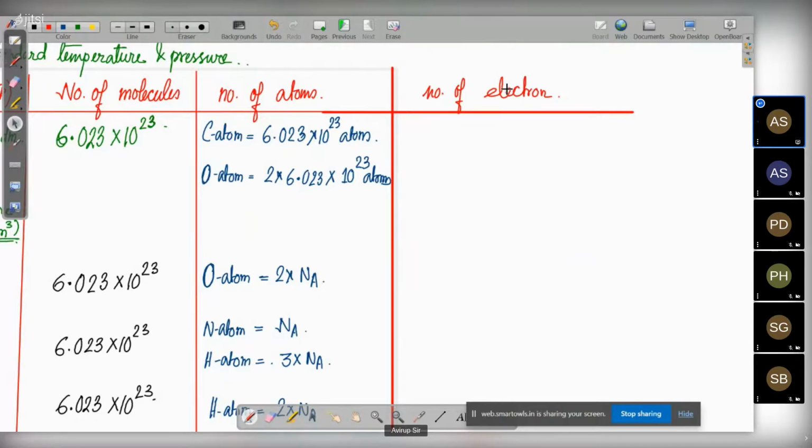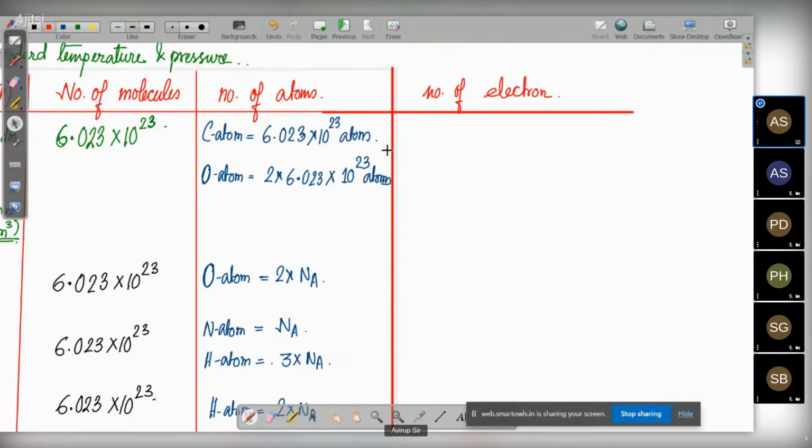Carbon has 6 electrons, because the atomic number of carbon is 6. So one atom of carbon has 6 electrons.